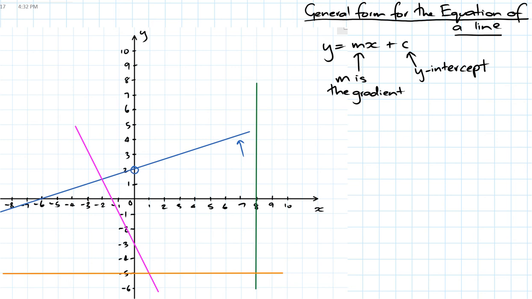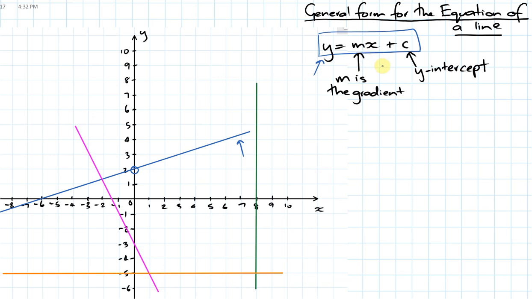When we're thinking about how to work out the equation of a line, we need to look at the general form for the equation of a line, and it is written like this. So y equals mx plus c. y and x are our x and y values. m is the gradient.